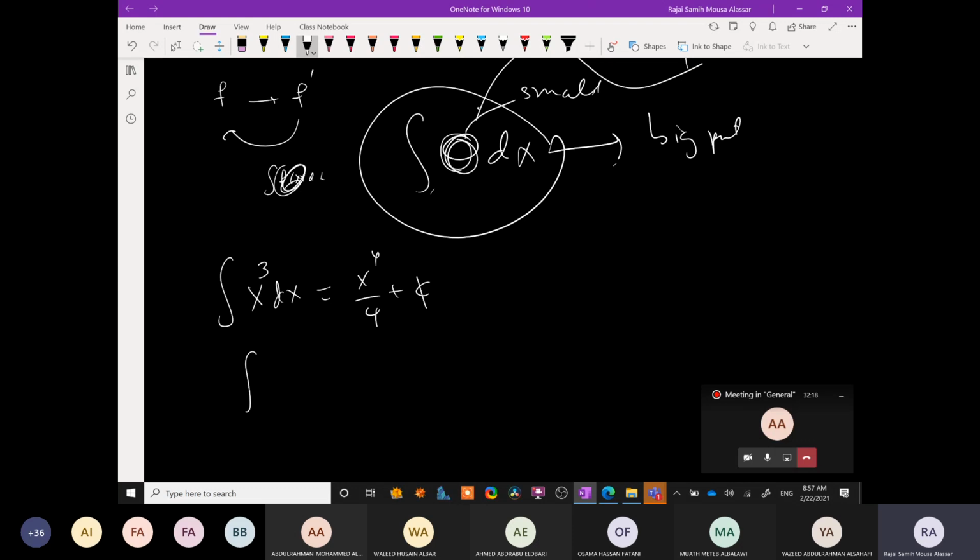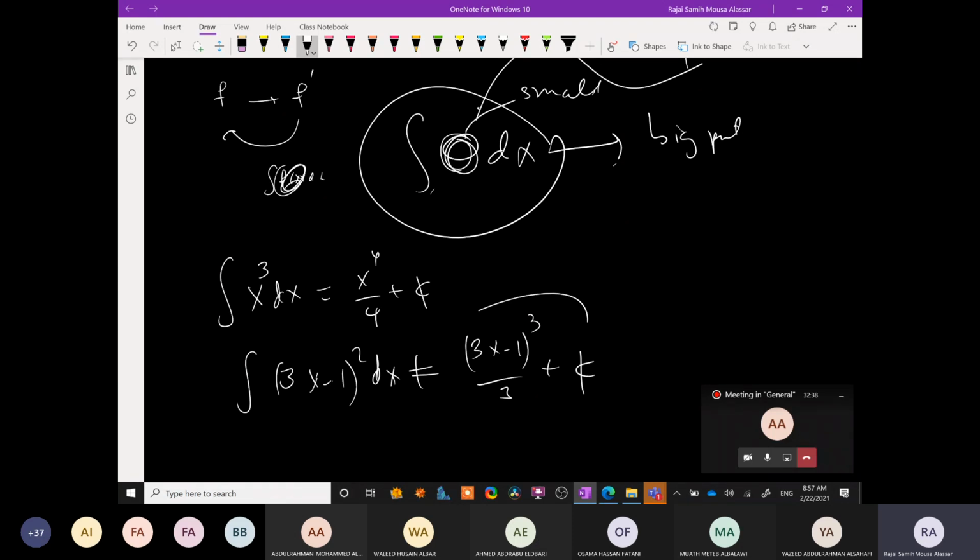And we said that there are certain things that we are not happy with, because, for example, if you have the integral of (3x minus 1) squared dx, you cannot say that this is equal to (3x minus 1) cubed over 3 plus a constant.